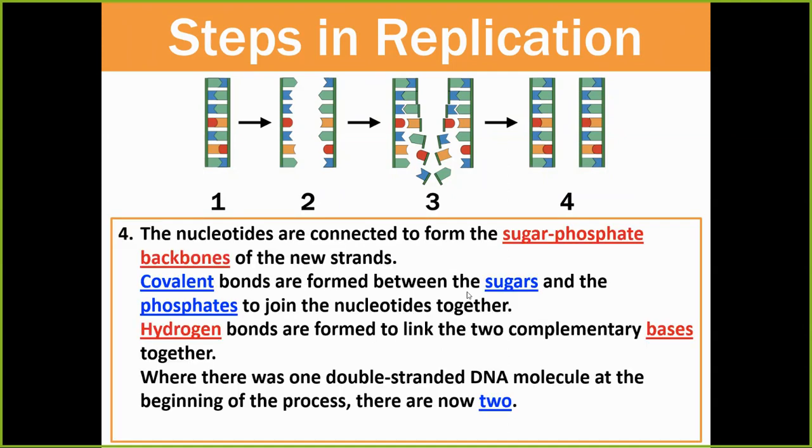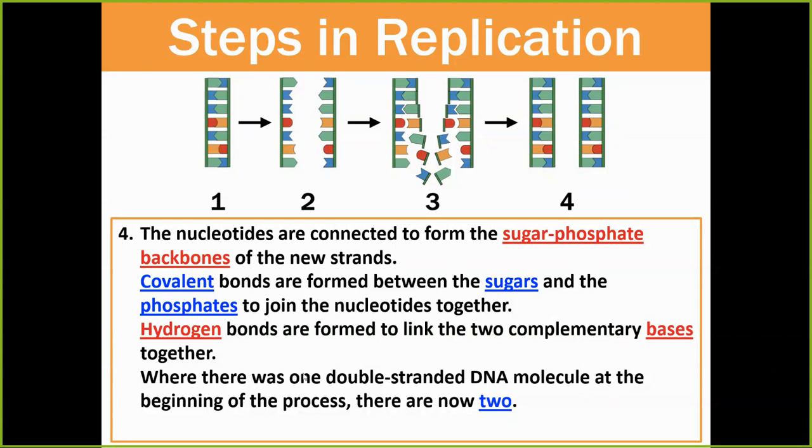All right, next step, step four. Now our nucleotides, the building block of DNA, made up of a phosphate, a sugar, and a nitrogen base, connect along the phosphate backbones.